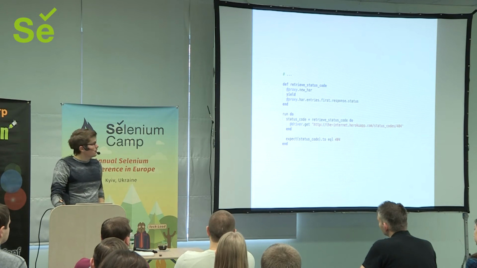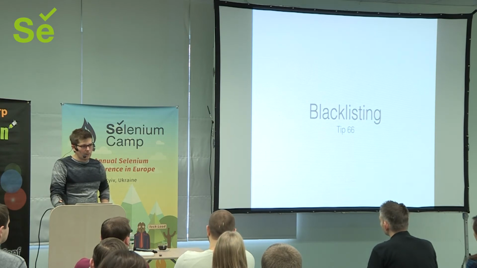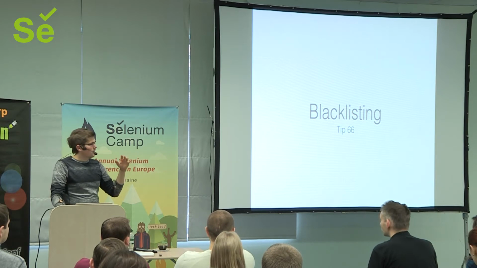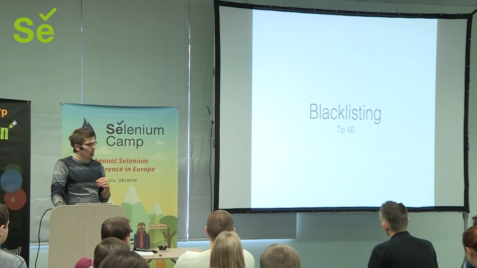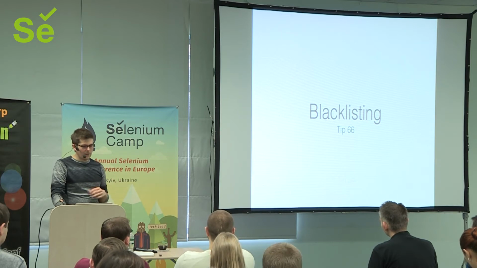So that's one thing. A better use of a proxy server is something like blacklisting. How many people are familiar with the term blacklisting? It's basically the ability to block third-party resources that you don't want mucking up or slowing down your tests.